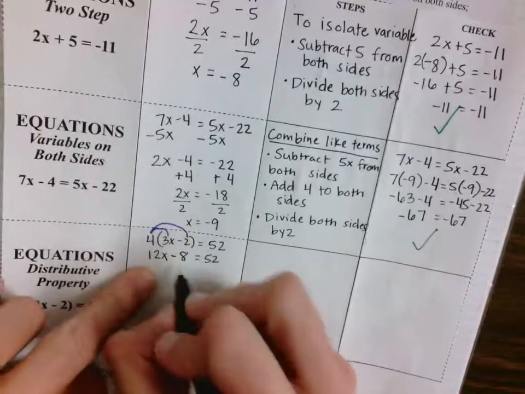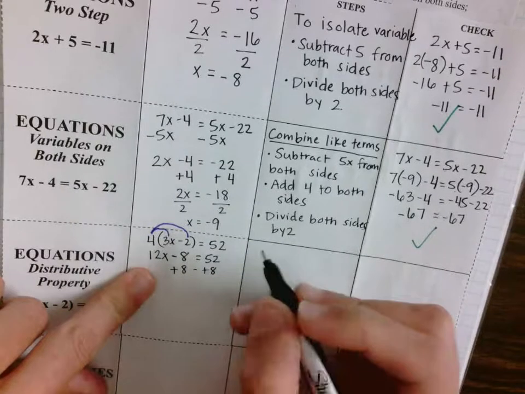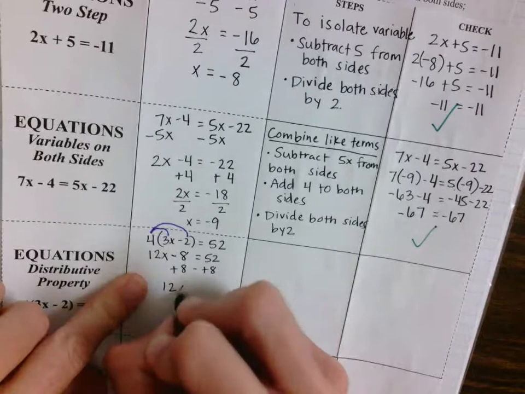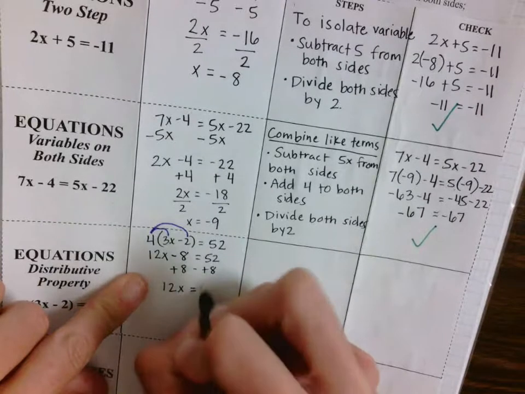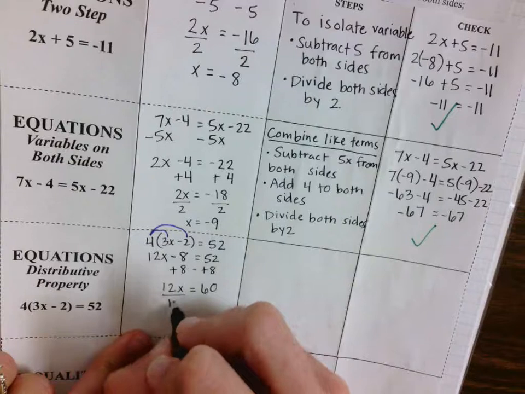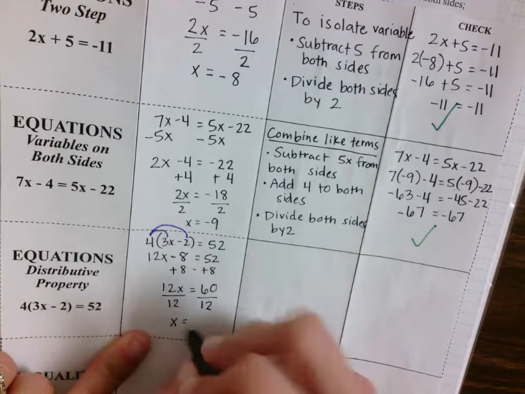So now you're just going to add 8 on both sides. Okay, and then you're going to have 12x equals 60. Then you're going to divide by 12 on both sides, and x equals 5.